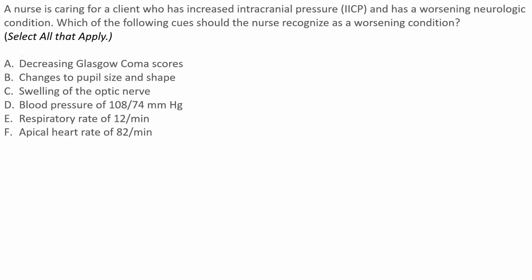Remember that the 3 components of the GCS are pupil reaction, motor response, and verbal response. These are 3. So in increased ICP, do you expect low or decreased GCS scores?